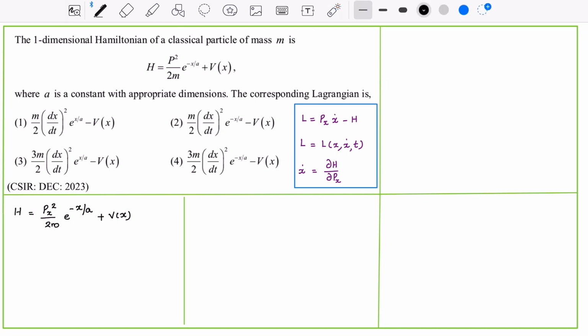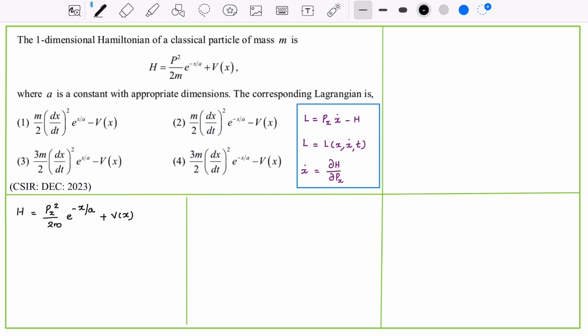That is, L is equal to p_x x dot minus H. H is already given in the question.